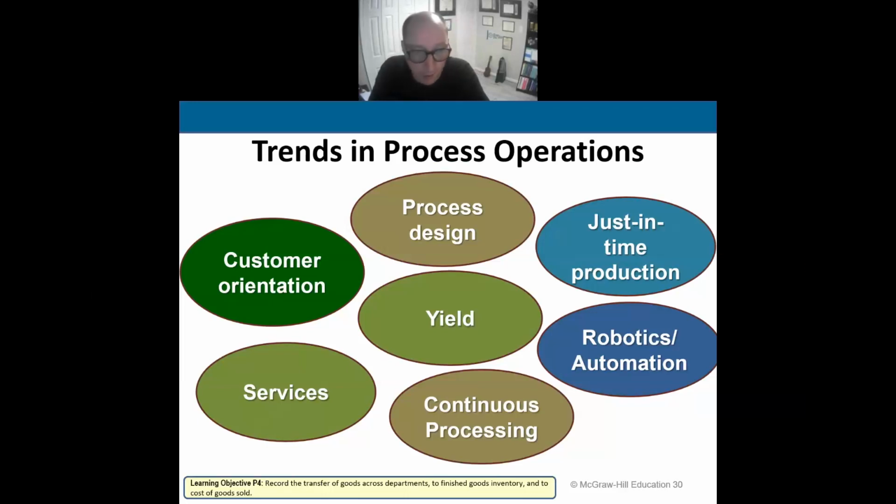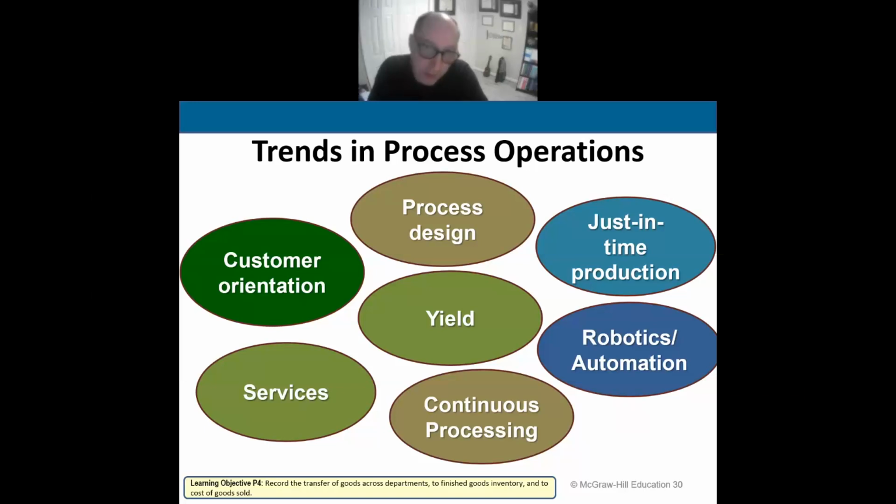Process accounting, process cost accounting, there's a lot of different trends that are happening in the industry. These are really similar to what we talked about last week when we talked about the trends in managerial accounting.